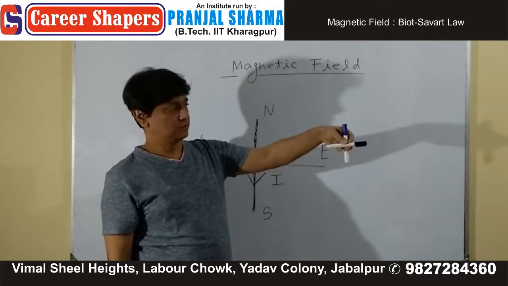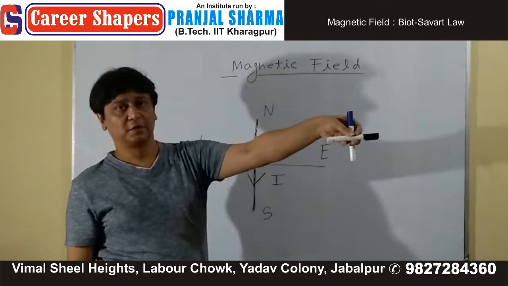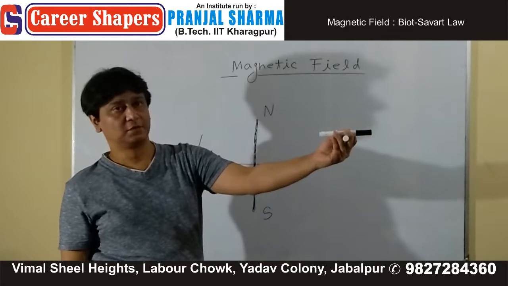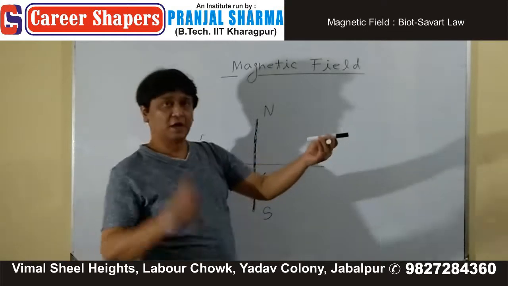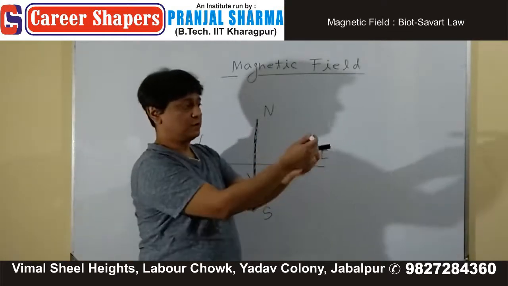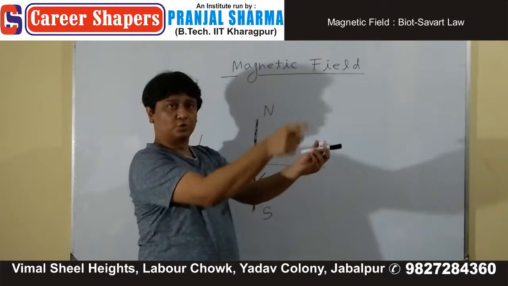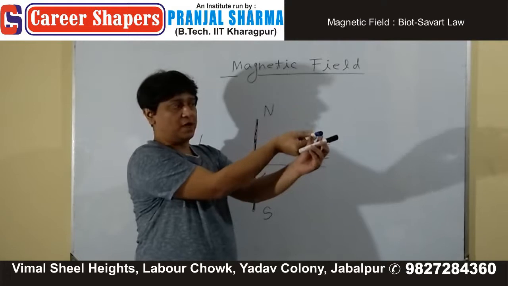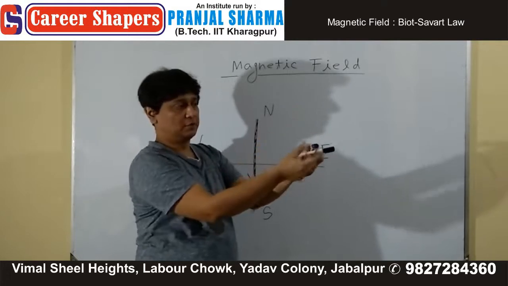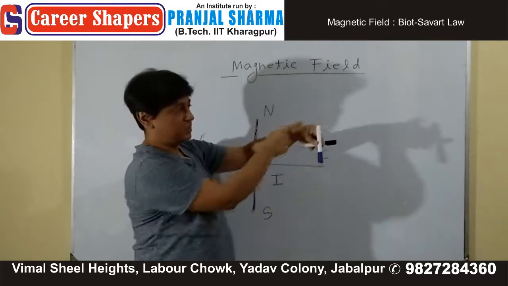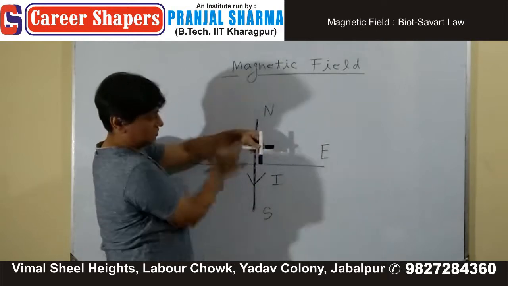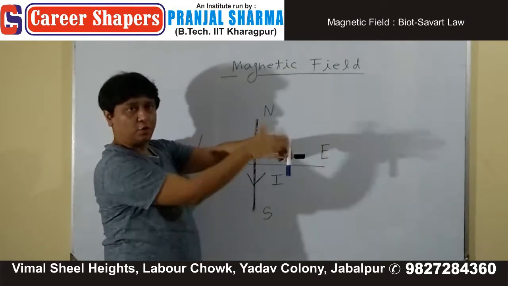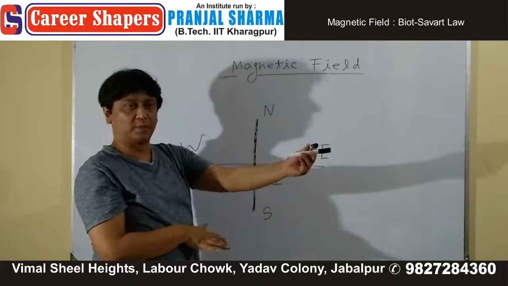Now, current is flowing from north to south, and therefore hold your wire like this. Remember, this end is north, this is south, and the whole setup is in the horizontal plane.